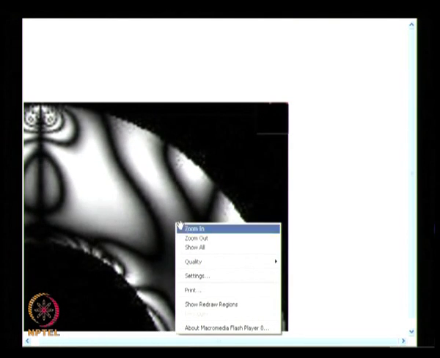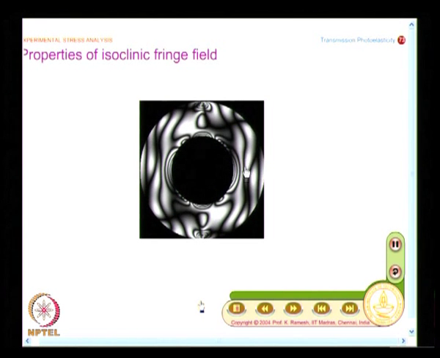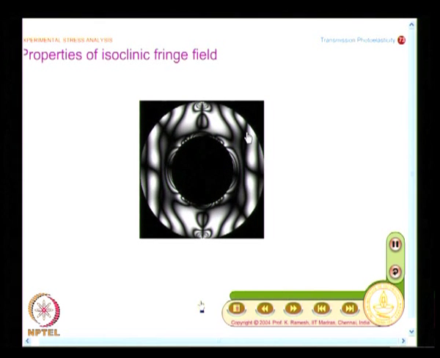Many things you can understand. This is happening in a particular fashion, the way the polarizer analyzer combination is rotated. Here all isoclinics pass through, but it moves in a particularly different fashion than what you find in this. Here it is anticlockwise, here it is clockwise.